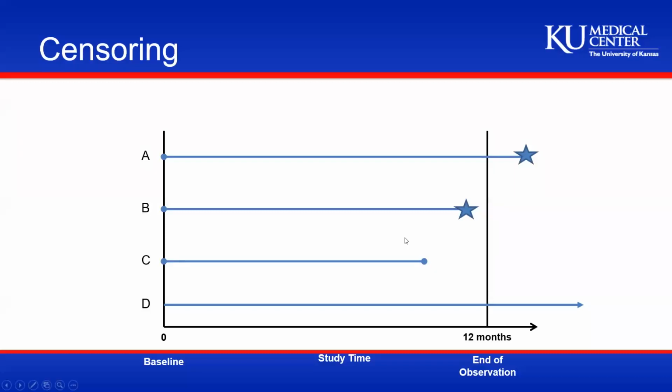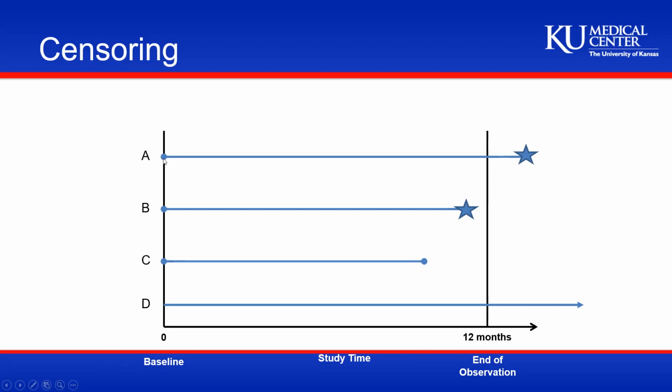So for instance, let's say I'm doing a study that's a 12-month study. Individuals are receiving a treatment, and I'm measuring an event, disease relapse, for instance, or progression. But I'm only measuring them for 12 months once they've initiated therapy.